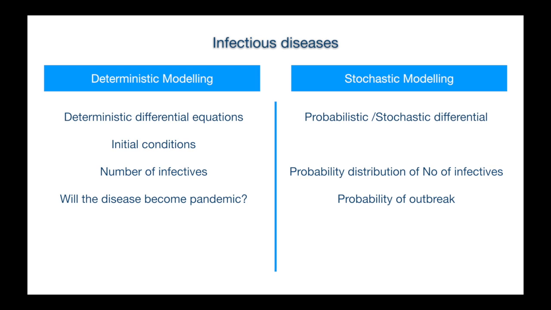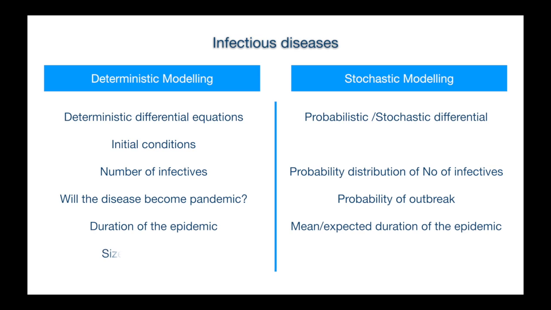Same goes for other quantities of interest, such as the duration of the epidemic and the size of the epidemic. In summary then, there is a random element to the stochastic framework which increases the complexity, but one hopes that this added complexity will lead to a more realistic description and hence better understanding of the dynamics of the disease.